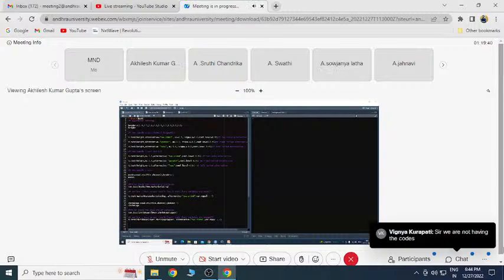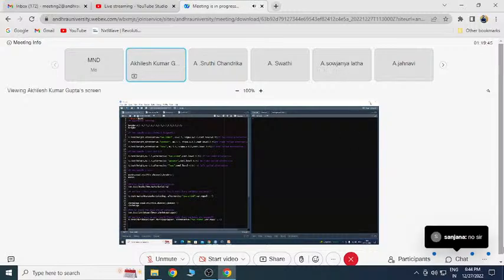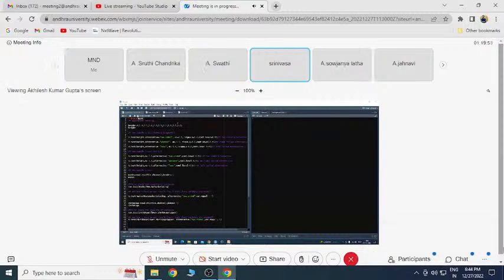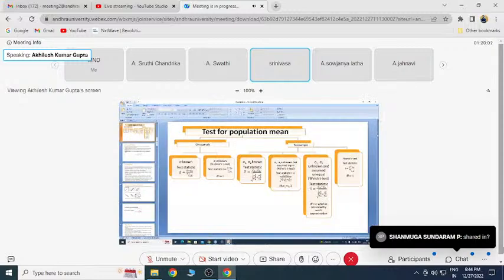Someone is saying we don't have them. Already shared, but okay, the organizers had shared all these things. We will share later. Otherwise, you can explain step by step so that they can understand, and we'll share the code later. These are being organized by Andhra University. Okay, sir, right.